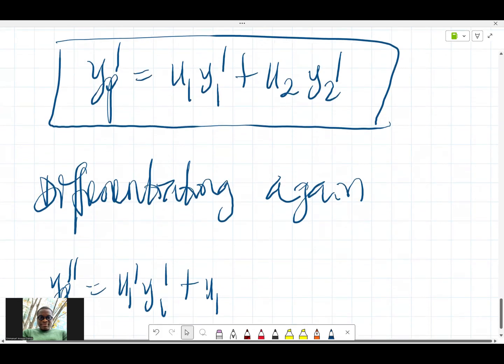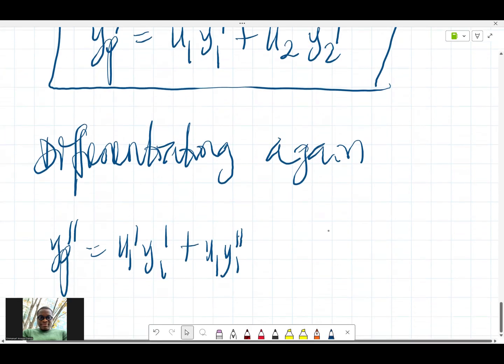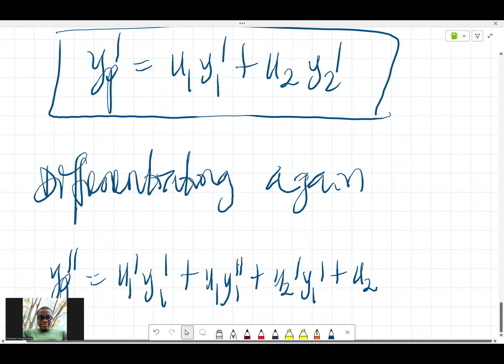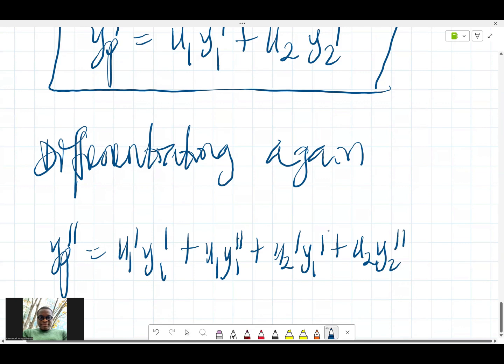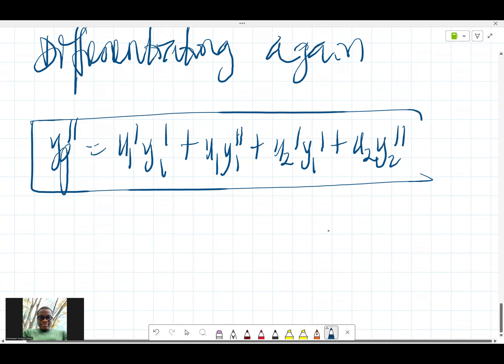That's differentiate u1 and keep y1 prime constant, then keep u1 and differentiate y1 prime. That's y1 prime prime. Okay, do the same for u2. So you have u2 prime y2 prime plus keep u2 fixed and differentiate y2 prime. So that's y2 prime prime. Basically, that's what we have there. So this is what yp prime prime becomes.